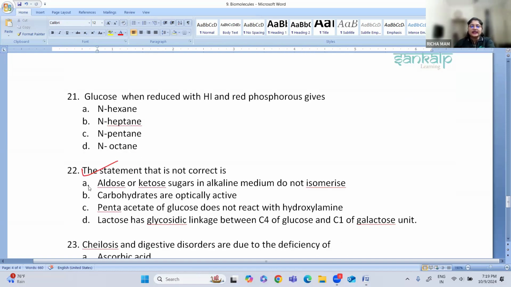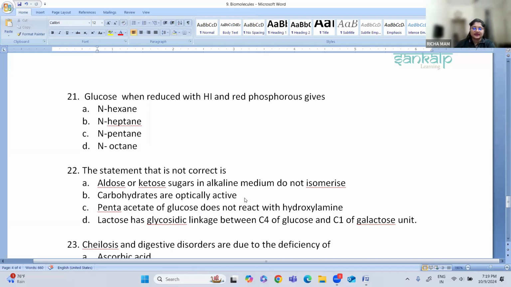Next one. The statement that is not correct. A. Aldose or ketose sugar in alkaline medium do not isomerize. B. Carbohydrates are optically active. C. Penta-acetate of glucose does not react with hydroxylamine. D. Lactose has glycosidic linkage between C4 of glucose and C1 of galactose unit.